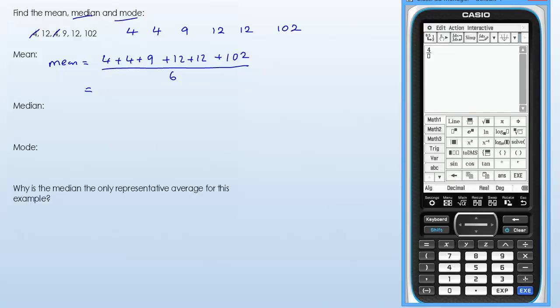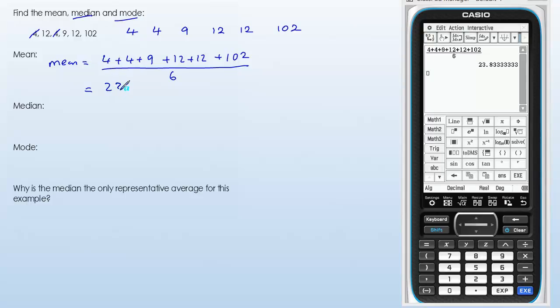So we've got 4, add 4, add 9, add 12, add 12, and then 102 at the end. And we know there are 6 pieces of data there. So that gives me 23.83 if I go to 2 decimal places.